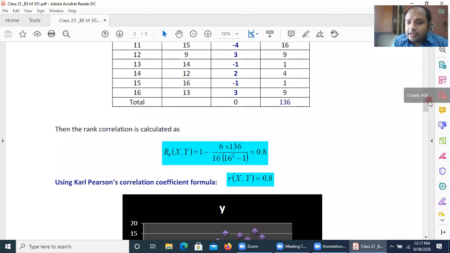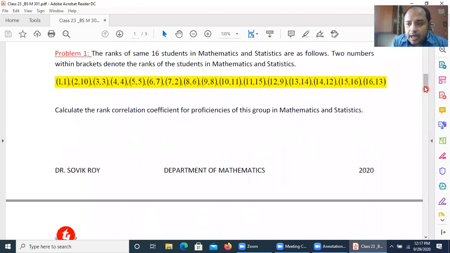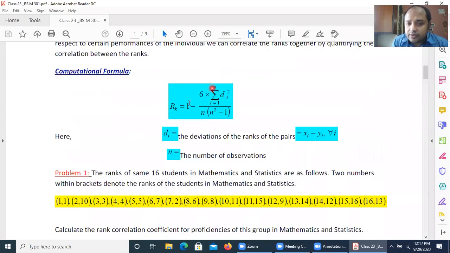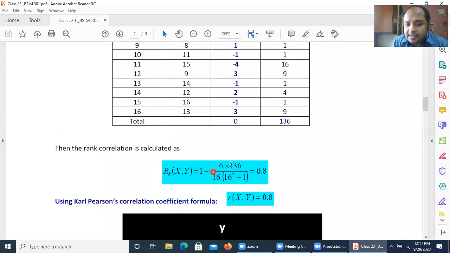If you recall the formula of the rank correlation, I am again showing it to you: 1 minus 6 multiplied by summation Di square divided by n into n square minus 1. So I am writing 1 minus 6 multiplied by 136, divided by 16 students, because the total rank is 16, so 16 multiplied by 16 square minus 1. And if you calculate it, it is 0.8.